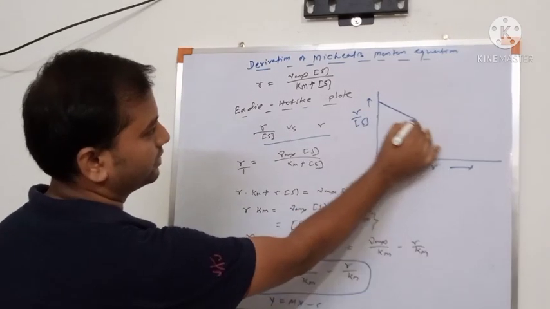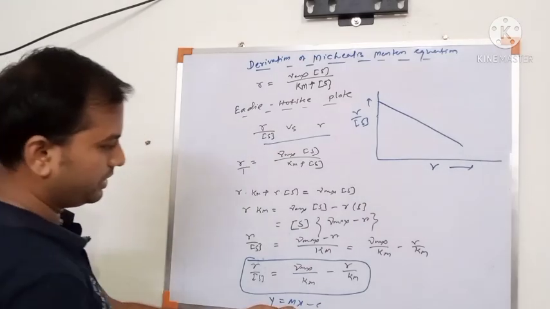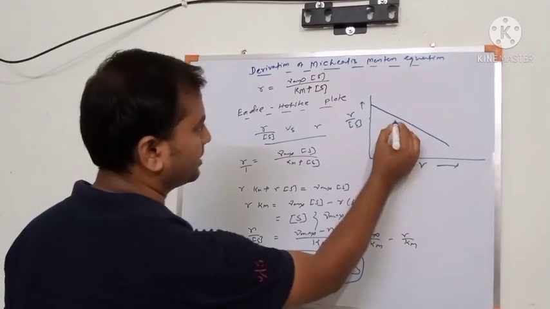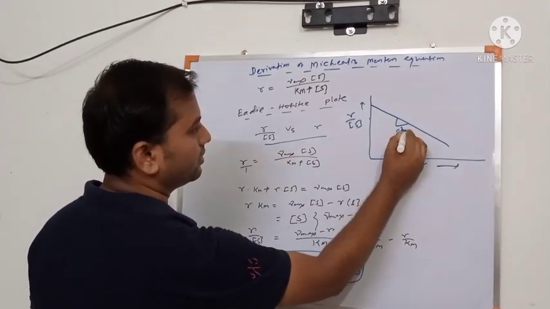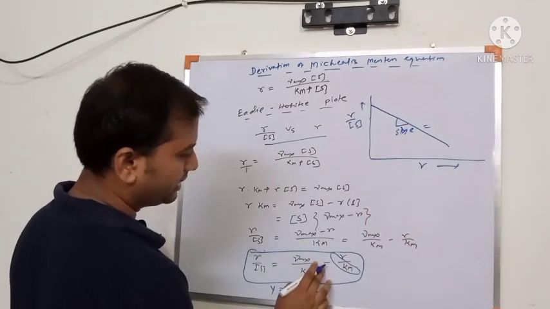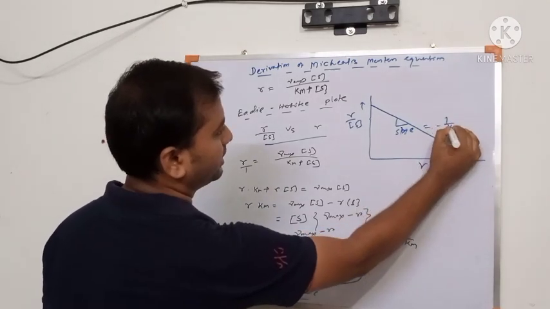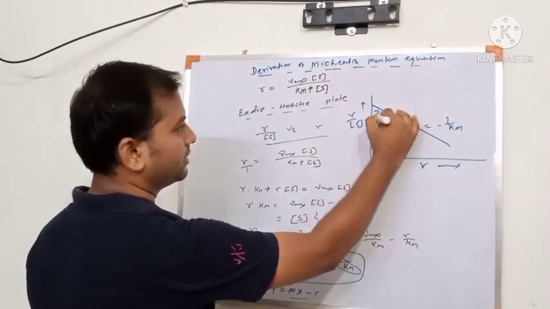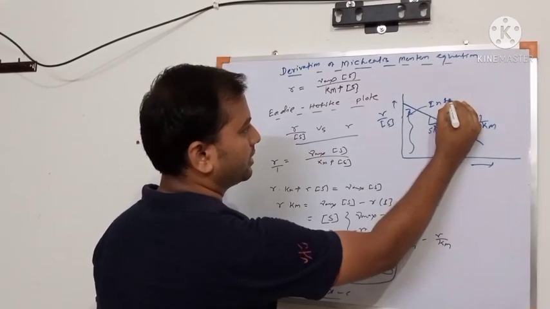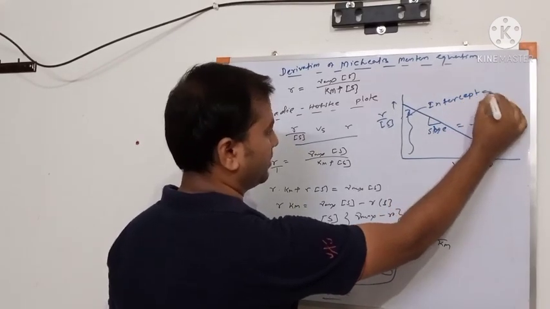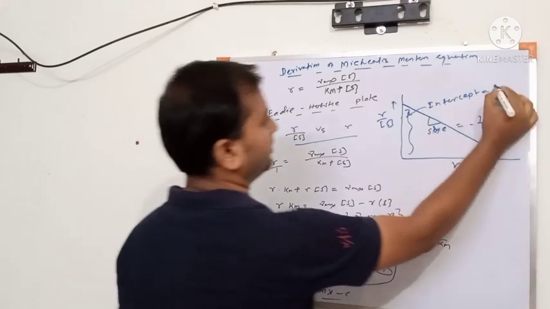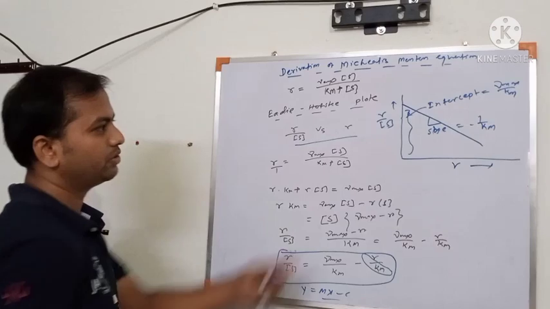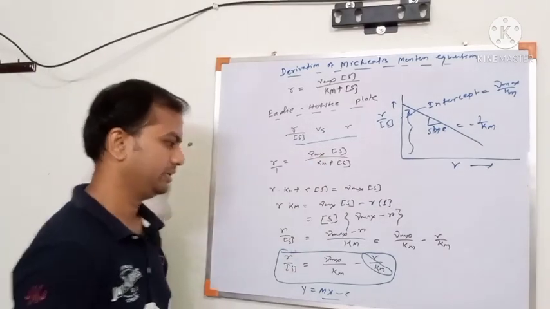So in this plot, this is the slope, equal to minus 1 by Km, and the intercept equal to nu max by Km. This is also a very important plot.